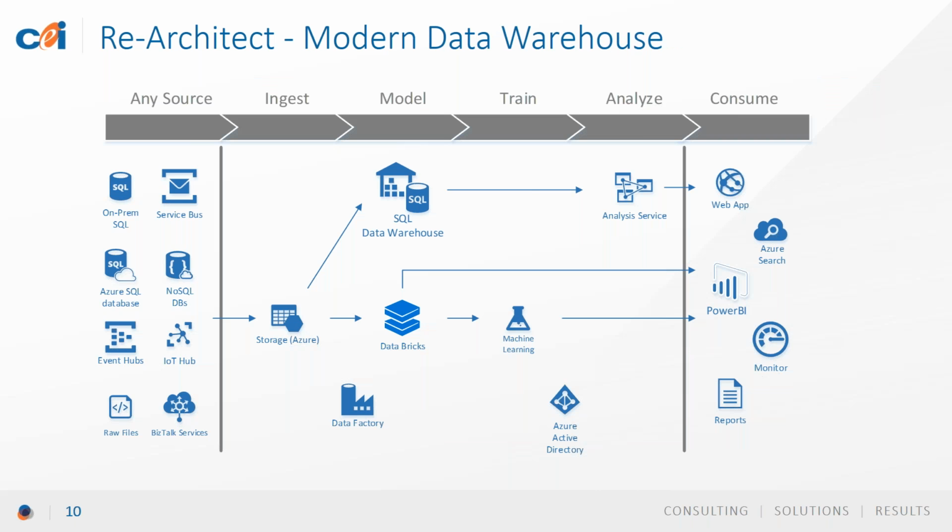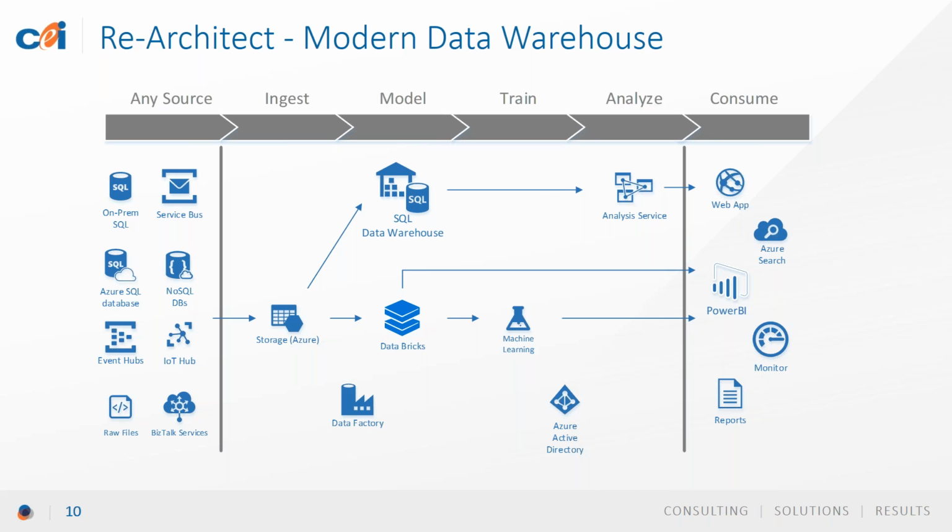So in a little bit of a bigger play, most of what we've talked about so far will work for a data warehouse environment if your data warehouse is in SQL Server. However, there are a lot of other benefits you can get for re-architecting your data warehouse. So Microsoft has published a modern data warehouse architecture, and it looks similar to this.